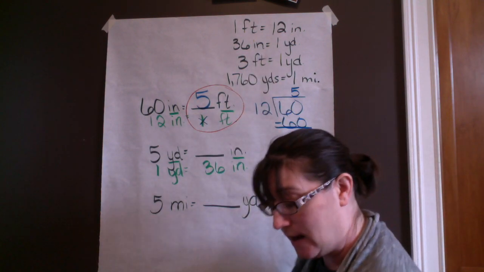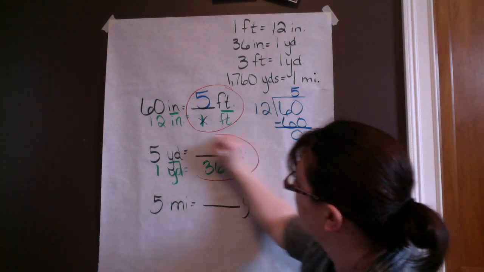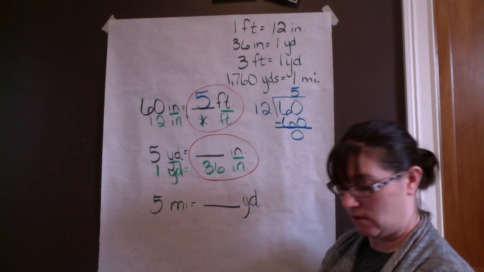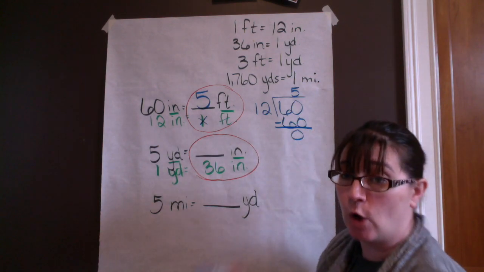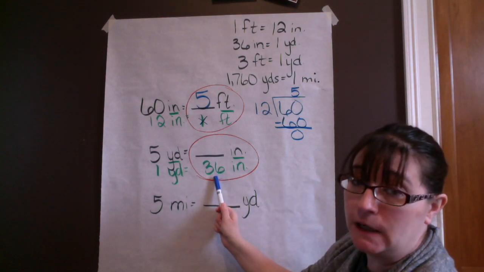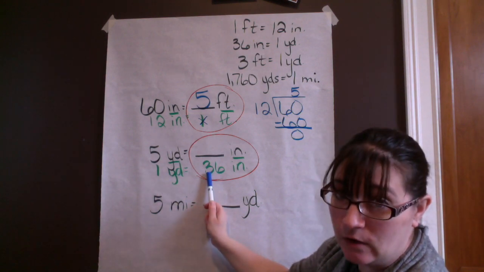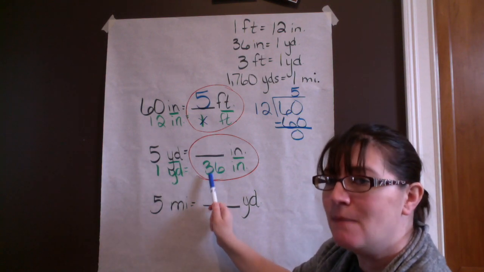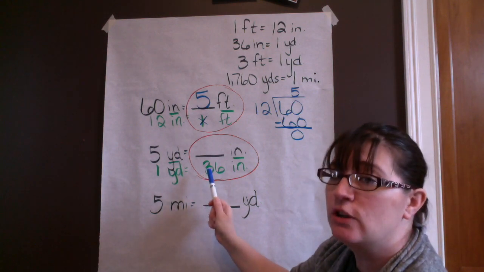Okay. Now circle the side that has the blank. Look at your bottom row only. Is 36 bigger or smaller than 1? It's bigger. If I want to make an answer bigger, should I multiply or should I divide?